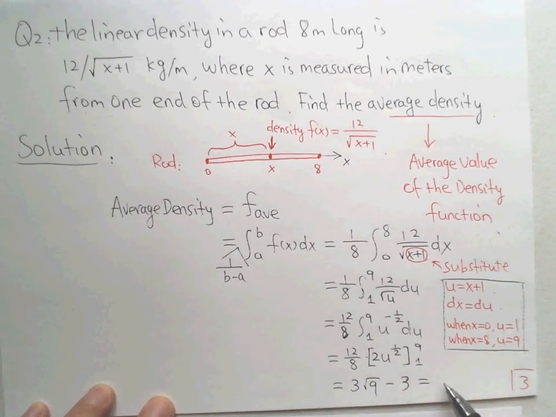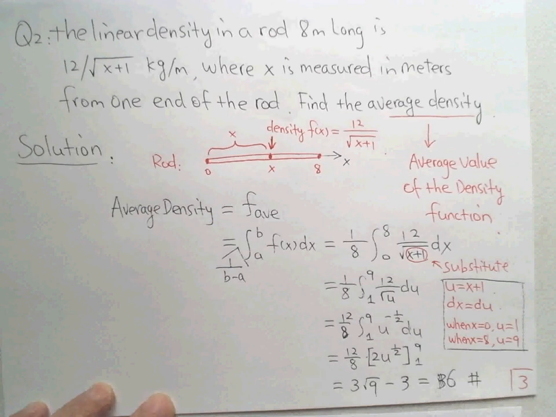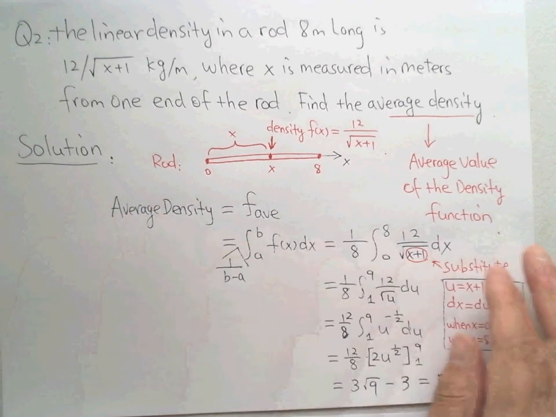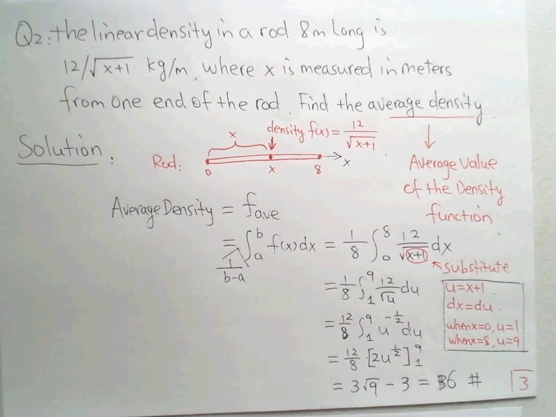Then you can simplify. 2 times 3 is 6, 6 minus 3 is 3. No, this is 3, 3 times 3 is 9. 9 minus 3 is not 3, sorry, it is 6. That's the answer. Okay, thank you.